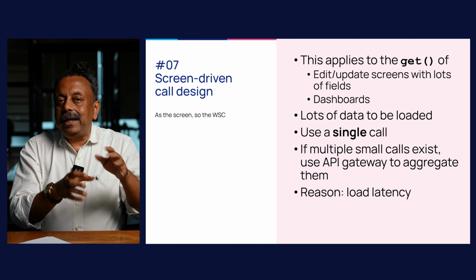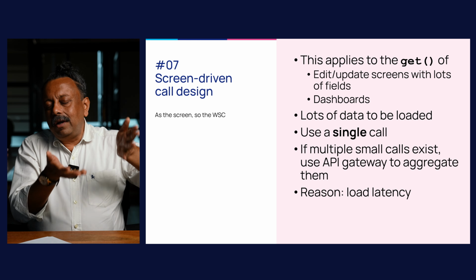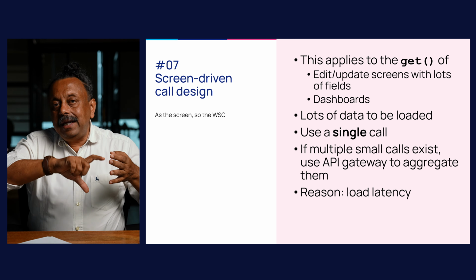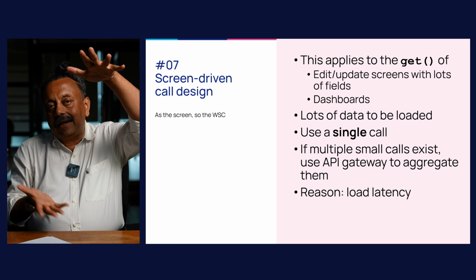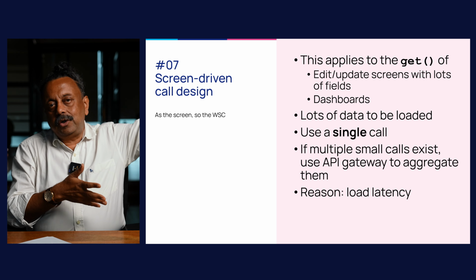So the API gateway can be configured that when a particular call comes to it, it will not pass the call to the server. It will internally make 5 different get calls, pull in the data, aggregate the 5 different blocks of data into a single JSON and return it to the caller.